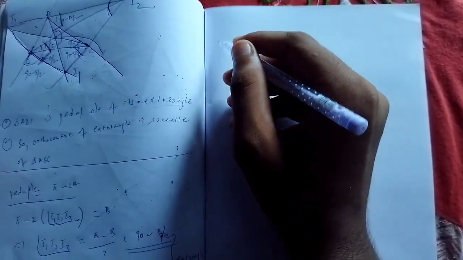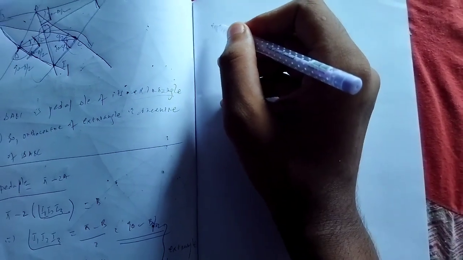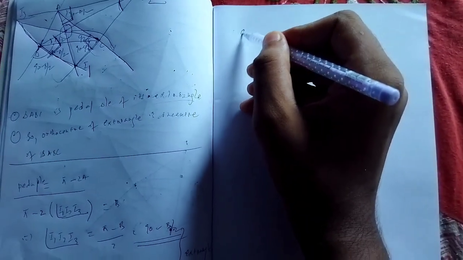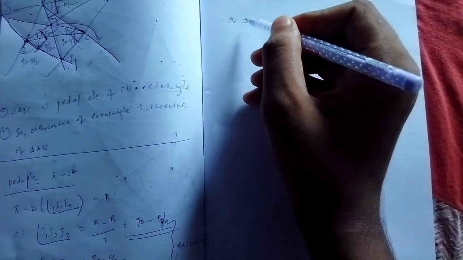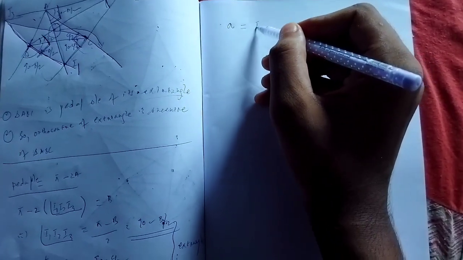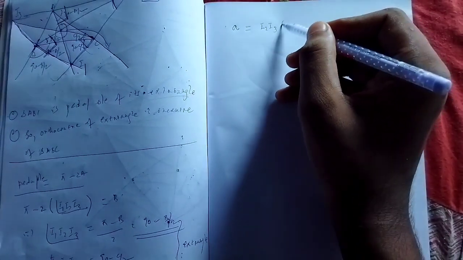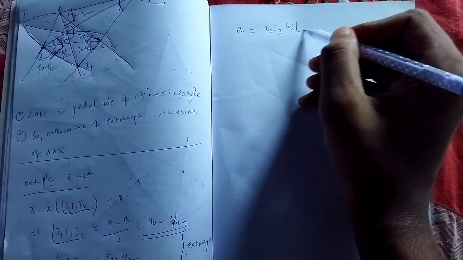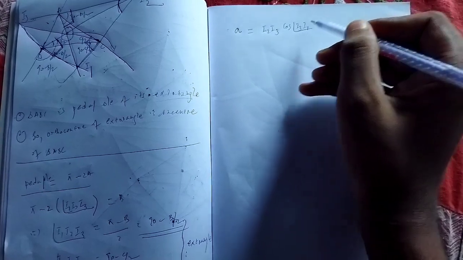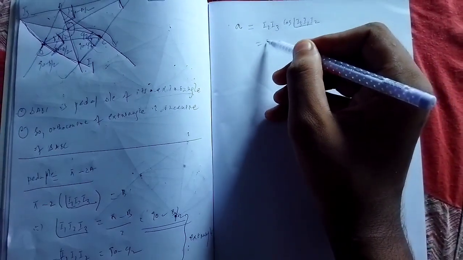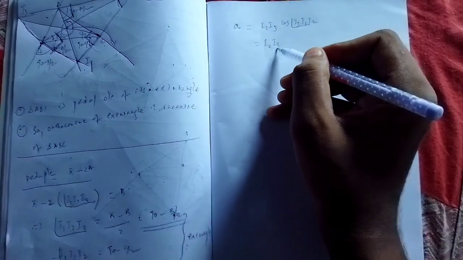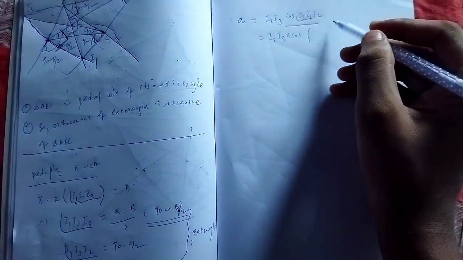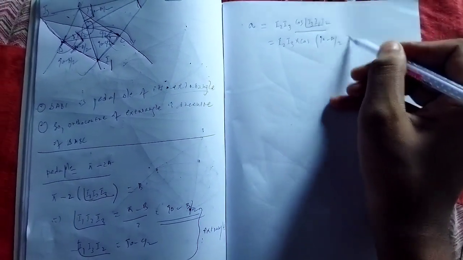Actually, the side of the pedal triangle is A cos A. Here we know the side of the pedal triangle, it is A, and it is obtained by I2, I3 into cos of angle I3, I1, I2, which is 90 minus A by 2.